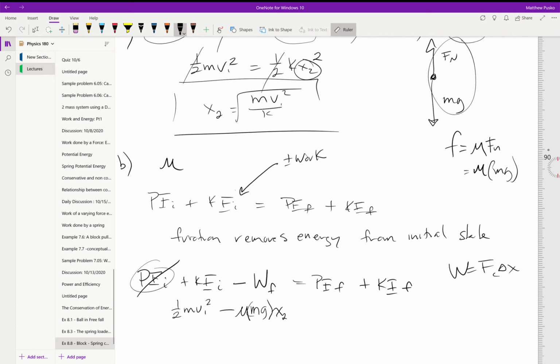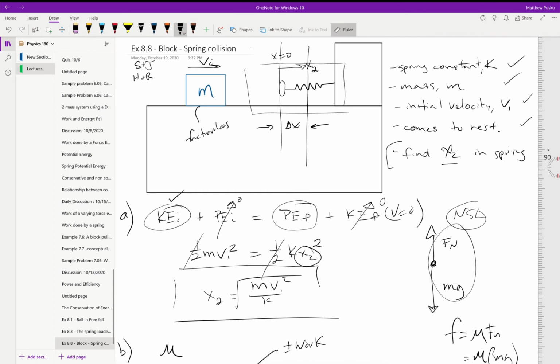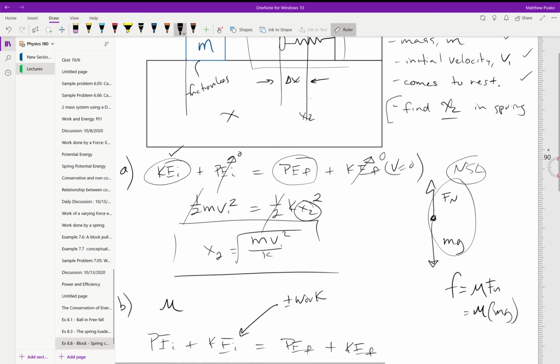We'll call that x, and we'll call this x2. So it's going to travel some x plus x2.